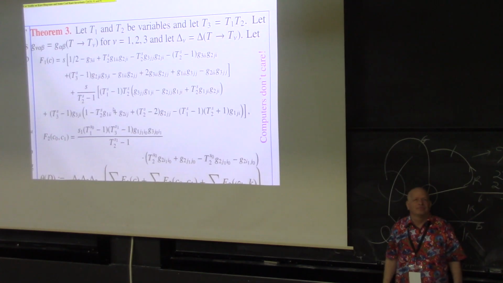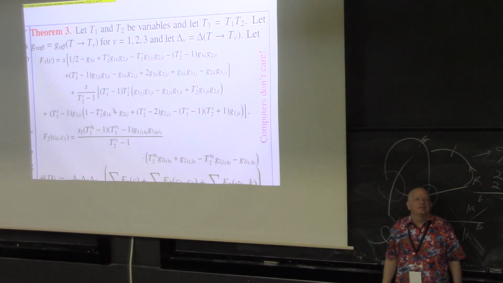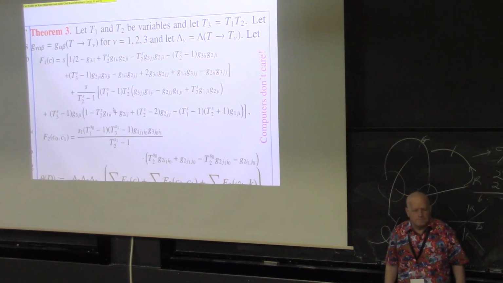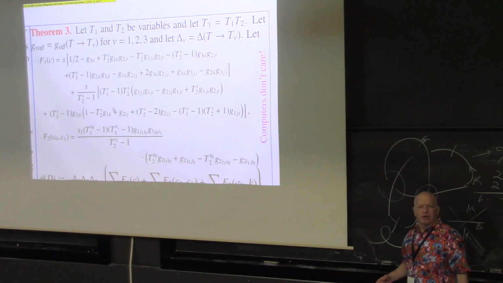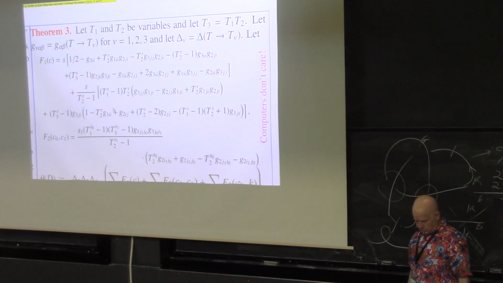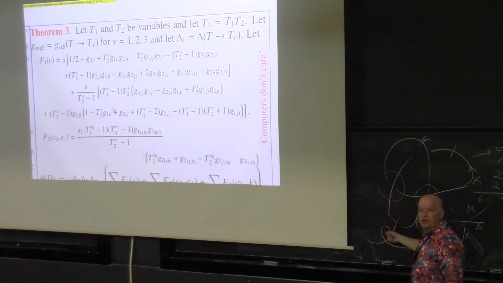Yes? On that element, what goes wrong if you drop the rotational assumption on the virtual knot? It's not invariant. What goes wrong in the argument? I didn't tell you what the correction was.